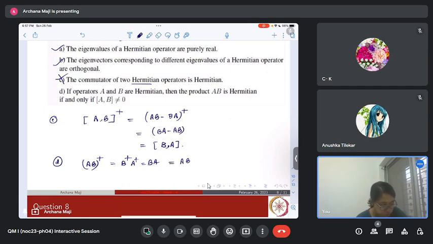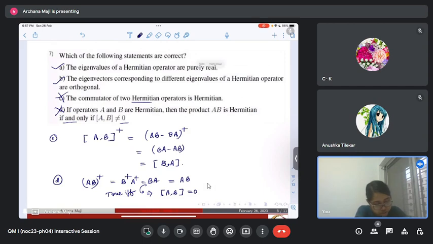That is true only when the AB commutator is 0. If and only if the AB commutator is 0, but the condition it says is if and only if the AB commutator is not 0, so that is incorrect.